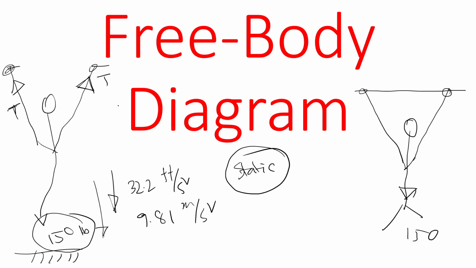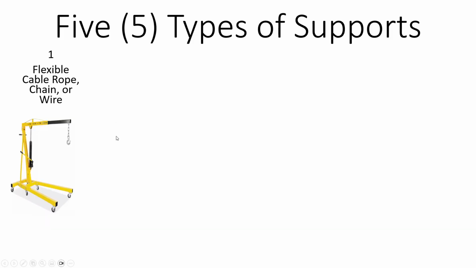Now there are 5 different connections or supports that you have. One is what I have shown you with my pull-up exercise. It could be a flexible rope, cable, chain, anything. Let's say this lift is pulling something very heavy, 1,000 pounds or something like that.